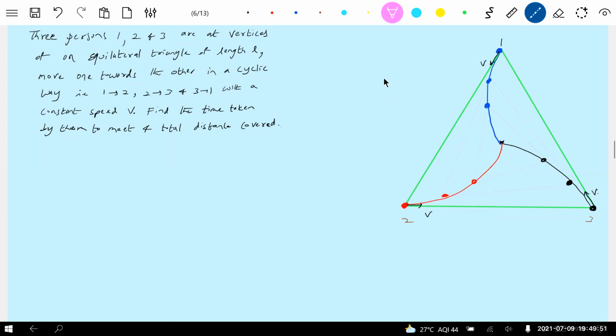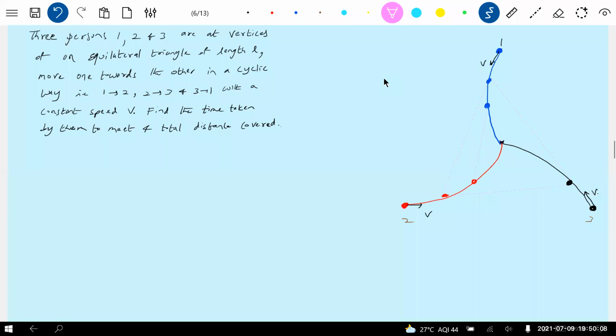So what's happening now? They are going to move in a curve, a little bit. I'll adjust the diagram so that it will be conceptually correct.